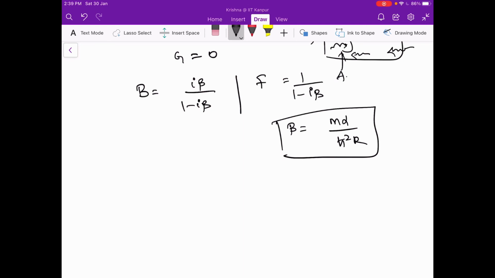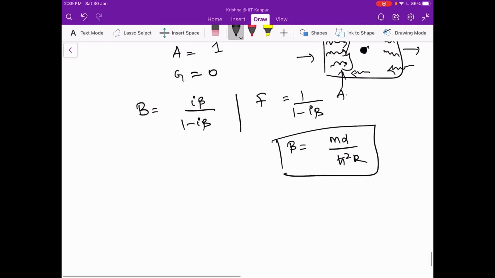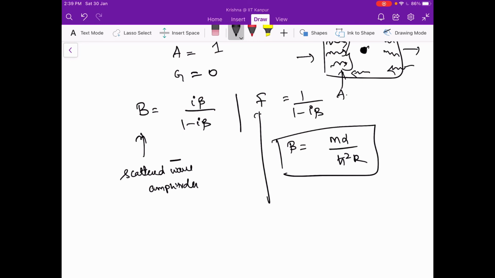So k is an unknown, and we have represented b and f. B is the scattered wave amplitude, and f is the forward transmitted wave amplitude.